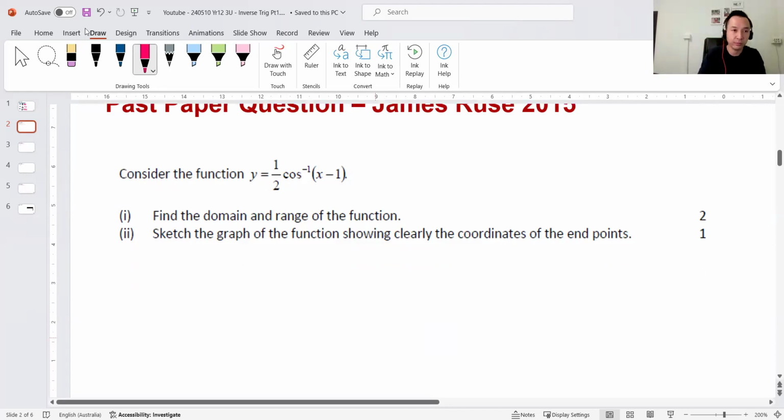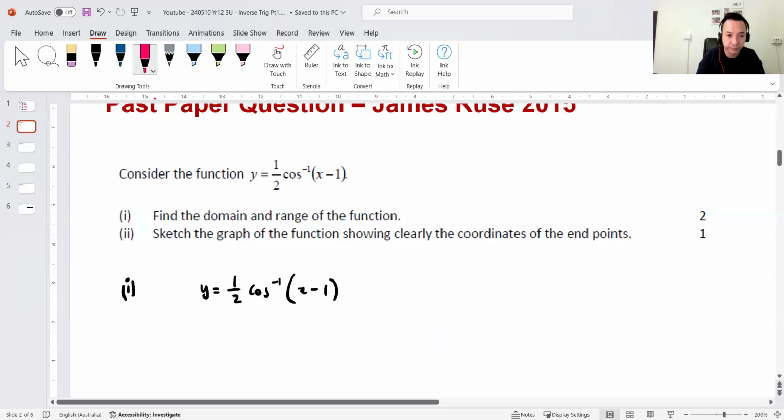So when you find domain and range, there are two things I want you to do separately. Domain and range are actually separate, two different ways. So if I write down the function that they want me to find domain and range of, cos inverse.